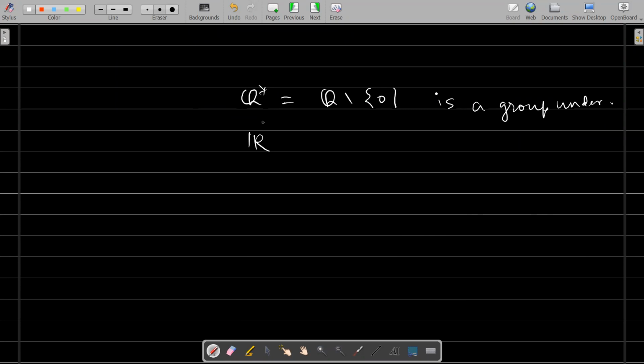Similarly, for real numbers, we have all properties except that 0 does not have an inverse. So I'll throw away 0, R star, that is R minus 0, that is a group under multiplication. Same with complex numbers. C minus 0 is a group under multiplication.